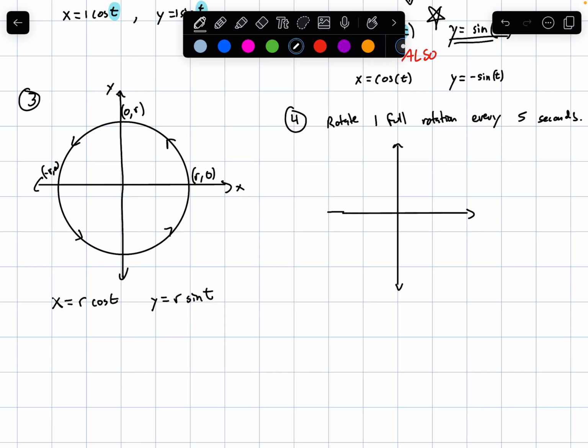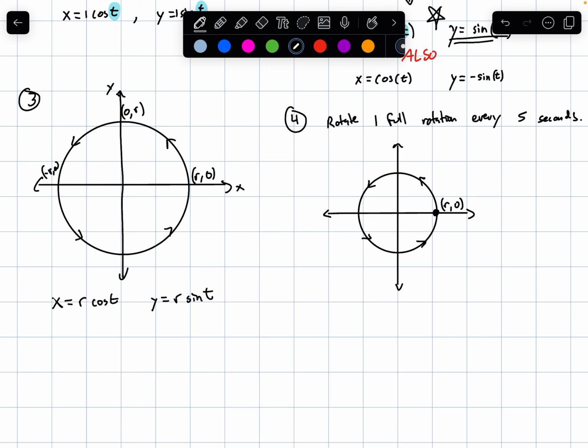We want that parameter to stand for time, and we want it to allow us to know the position after t seconds, and to make a single rotation in 5 seconds. So here's my circle. I have r comma 0 as my starting point. It has a radius of r, and we're going to go counterclockwise.